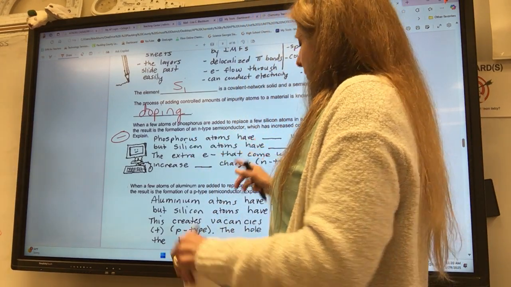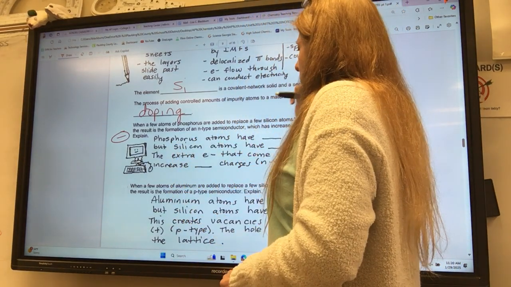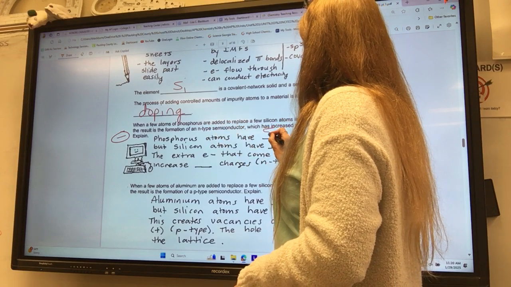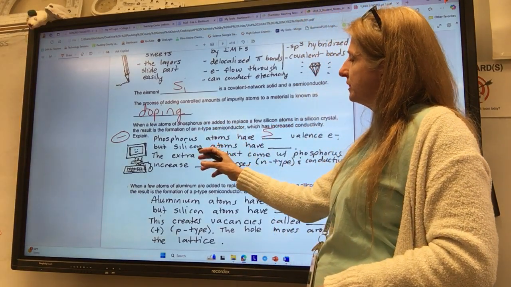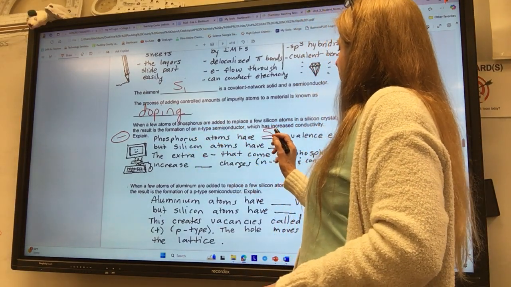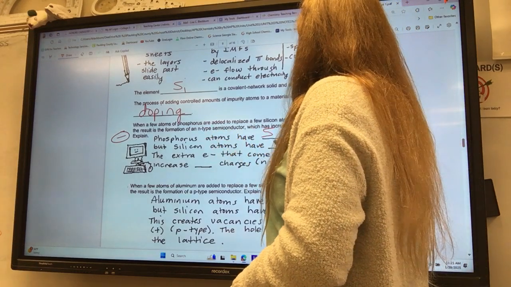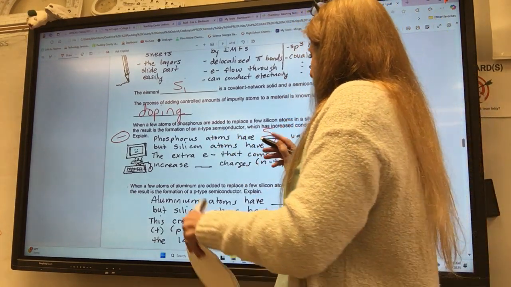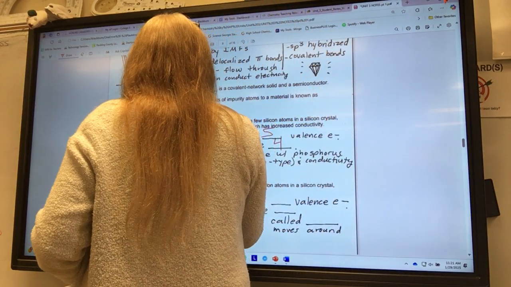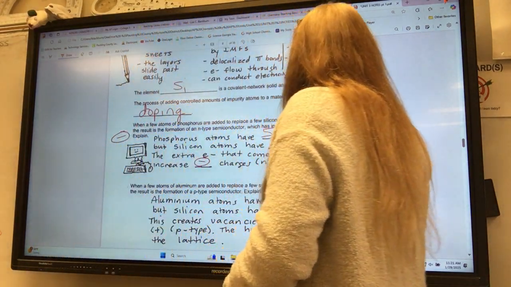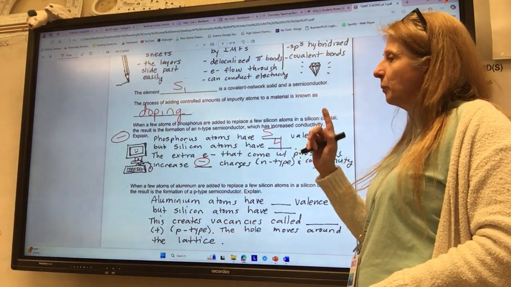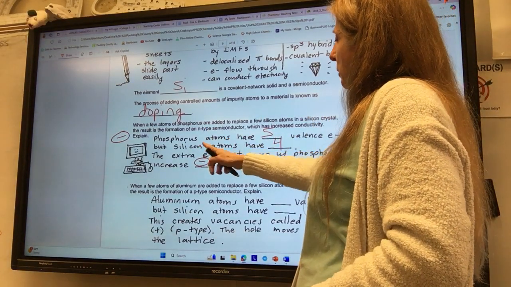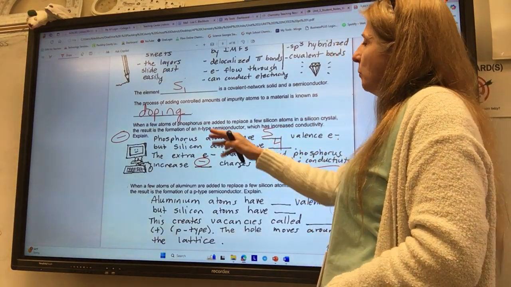So they'll put phosphorus in it, and they substitute phosphorus for silicon. Phosphorus has 5 valence electrons, silicon has 4, so you get an extra one, and that increases the negative charges and its conductivity. So we can make it conduct well with phosphorus.